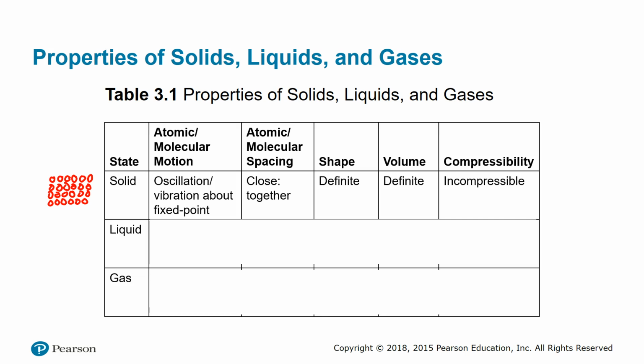Now, in terms of being able to compress it, in general, a solid is considered to be incompressible, meaning you can't squish it down any. Now, think about objects like a super bounce ball or something like that.